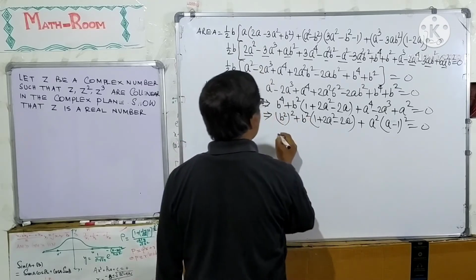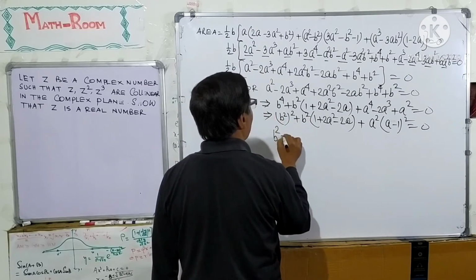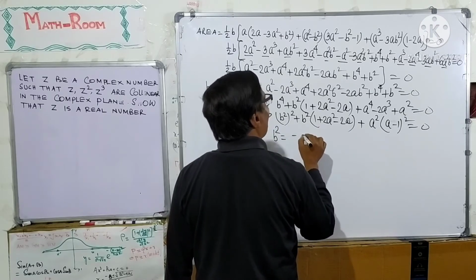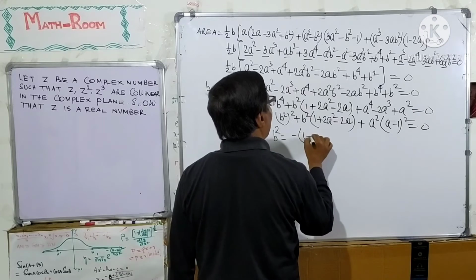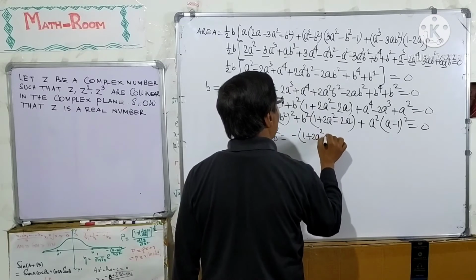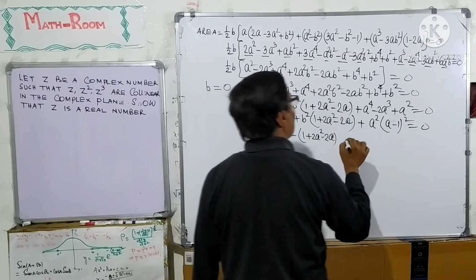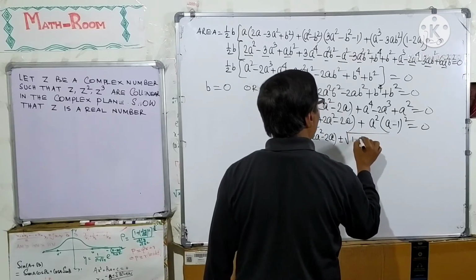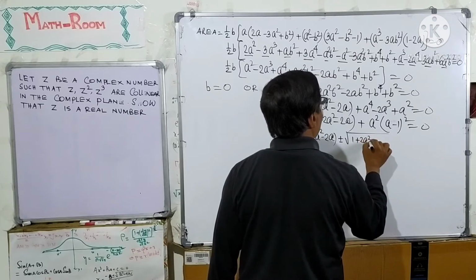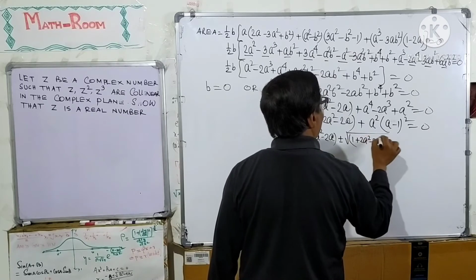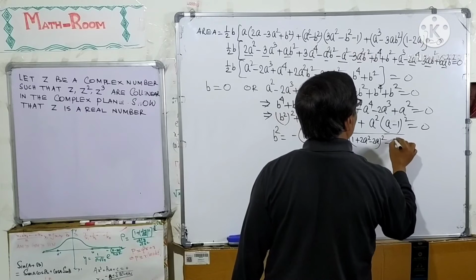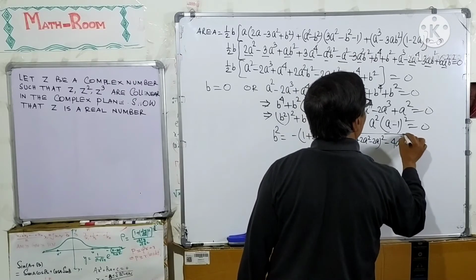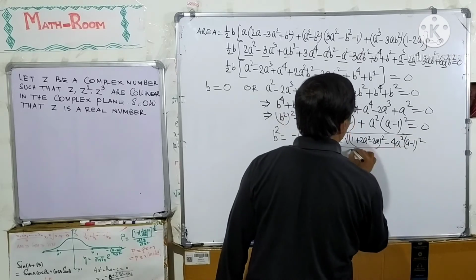So, b square equal to minus 1 plus 2a square minus 2a plus minus root over of 1 plus 2a square minus 2a whole square minus 4a square over 2.